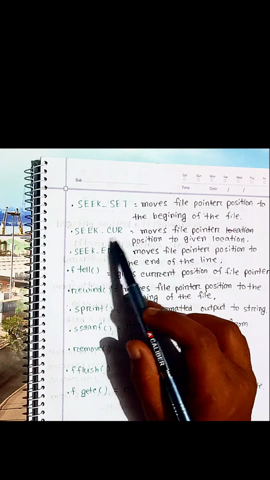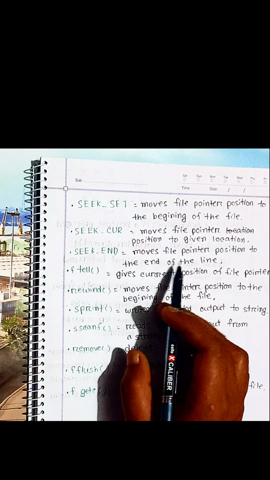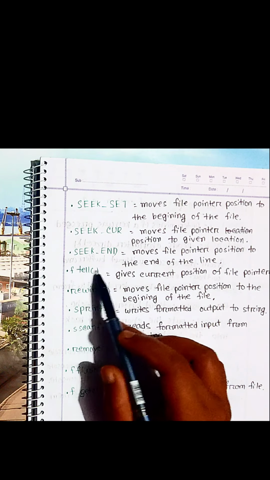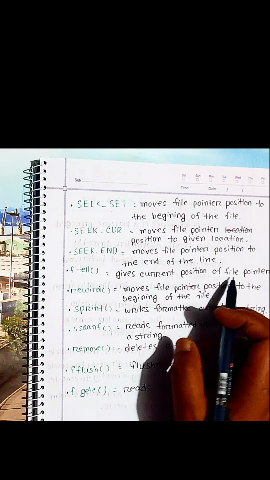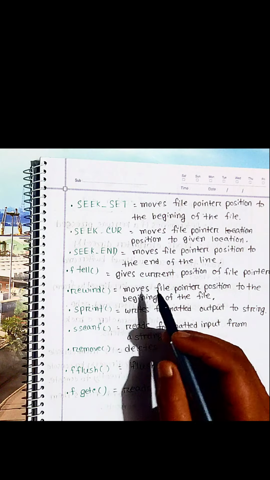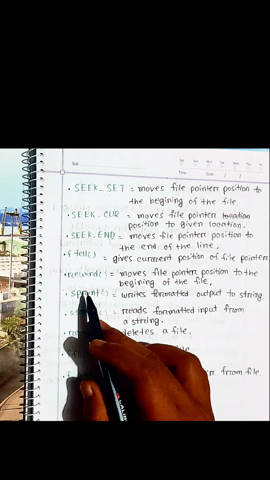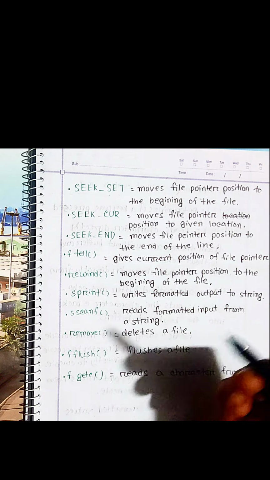It will take it there. SEEK_END moves the pointer position to the end of the file. It will put it to the end. ftell gives current position of file pointer where your pointer is placed. It will tell you this one. Rewind moves file pointer position to the beginning of the file.